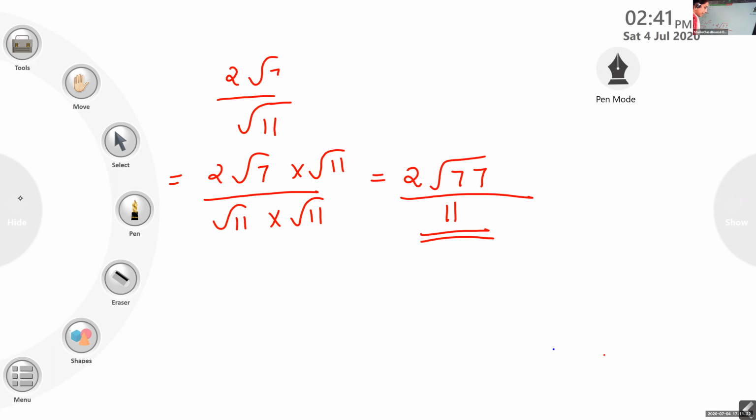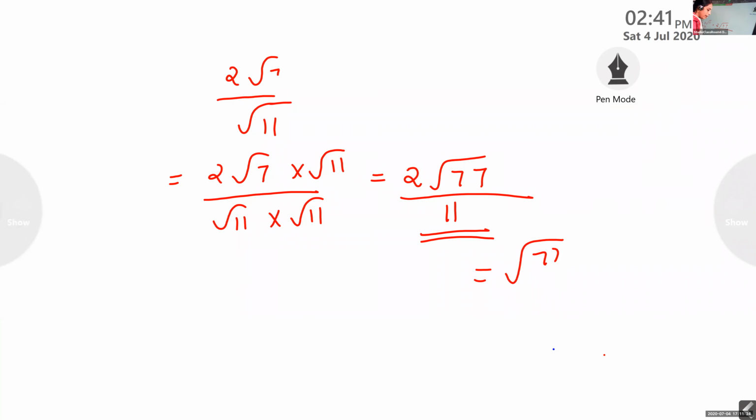If it is like this, you can divide root 77 by 11. But it is root 77, an irrational number, and 11 is a rational number. Clear? Those who asked me the doubt.